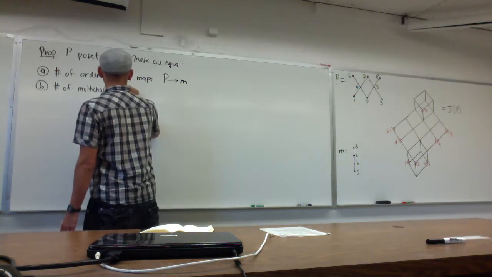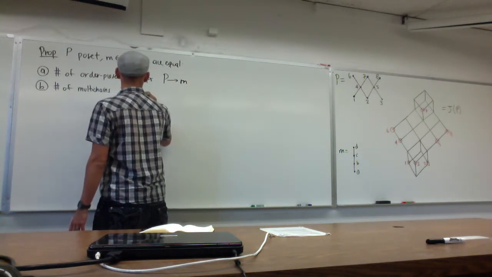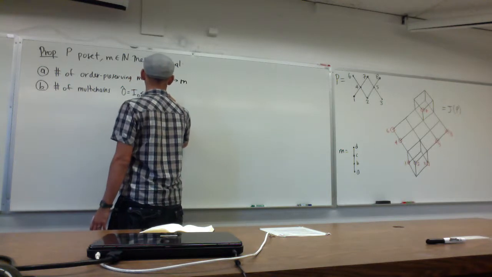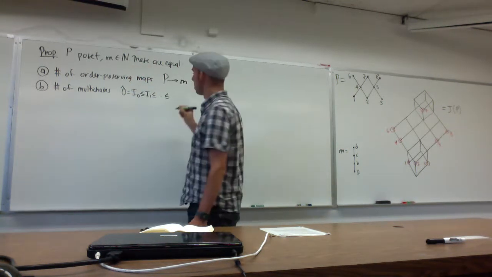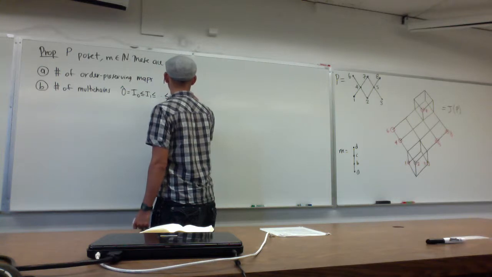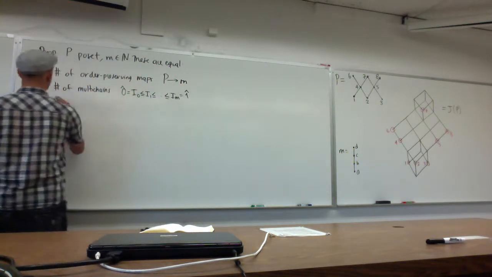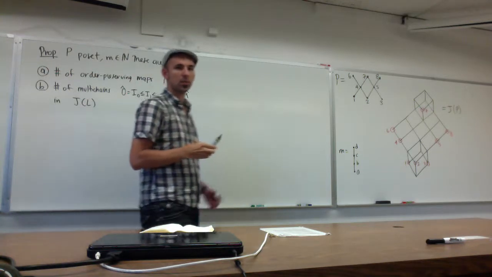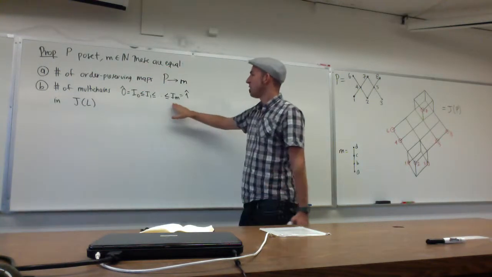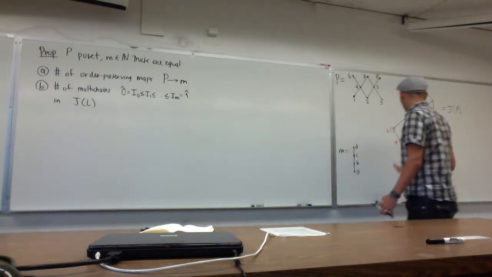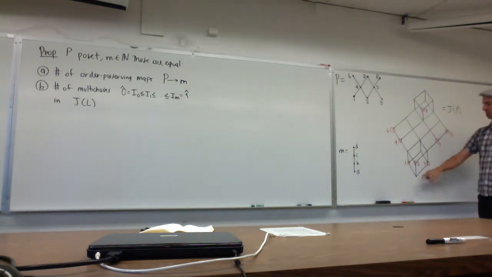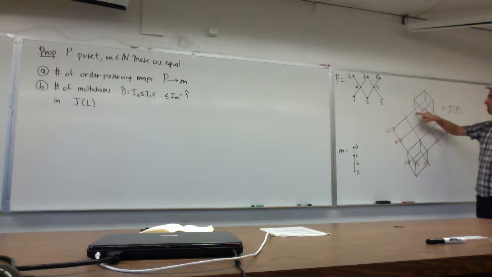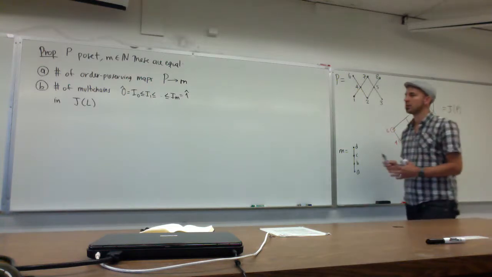It's like a chain, except that you can repeat elements, in the distributive lattice J of P. So a multichain could be going from the empty set to this point, to this point, to this point, to this one, then you stall here for like 3 steps, then you go up here, and so on. It's a multichain.